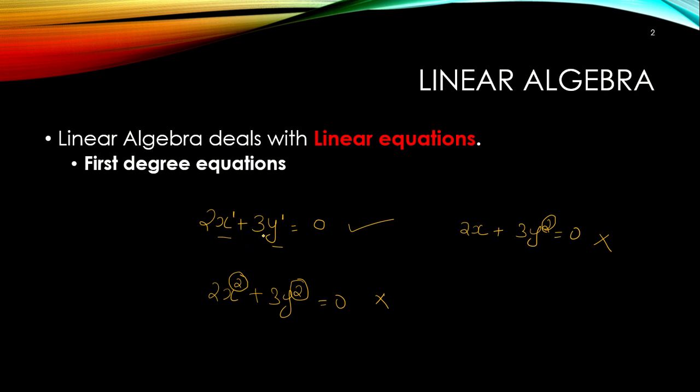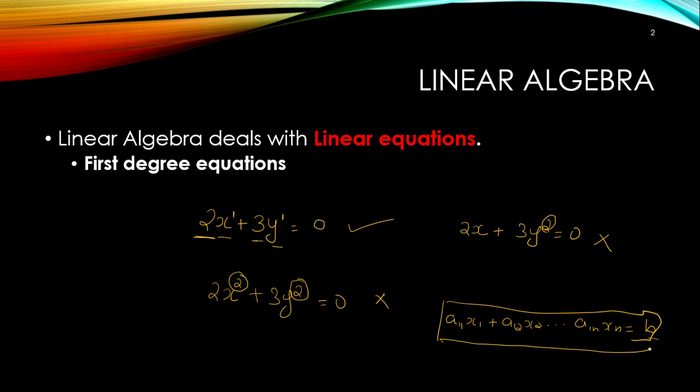Okay, in general form we can write like a11 x1 plus a12 x2 plus etc. a1n xn is equal to b. So this b can be any value, and a11, a12, a1n etc. are coefficient values. Here it is 2 and here it is 3. Okay, so those are the coefficient values. This is the general form of a linear equation.